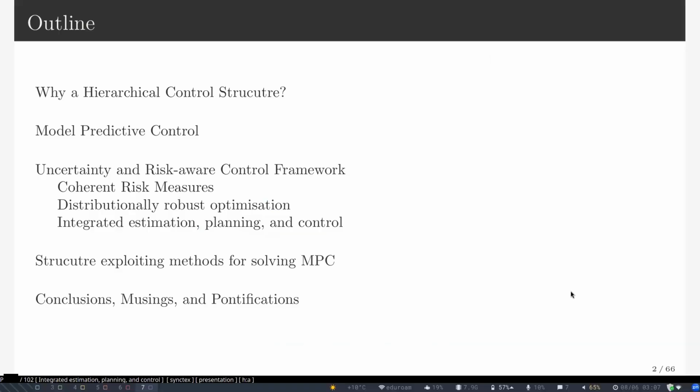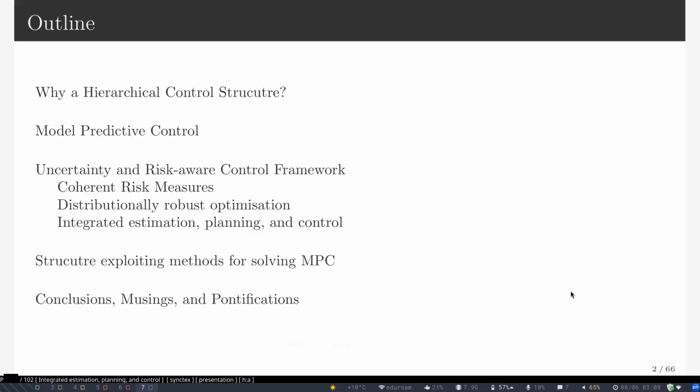All right. So that's just the brief outline of the talk. I start with this spiel about hierarchical control architectures, why I think it's important, and why we do it, sometimes even without realizing it. Then I talk about model predictive control, or MPC.